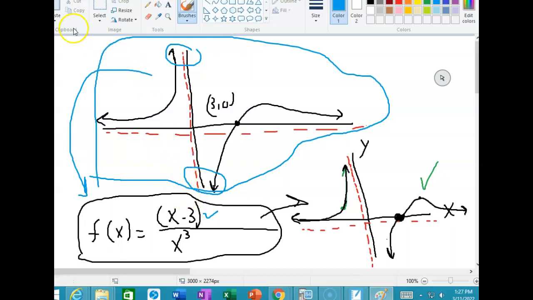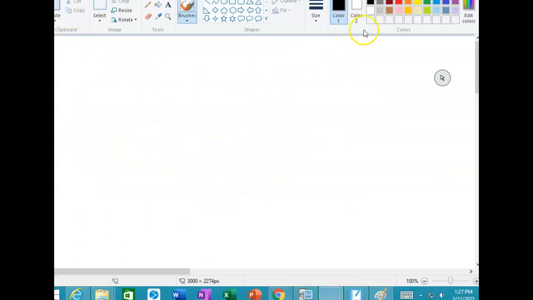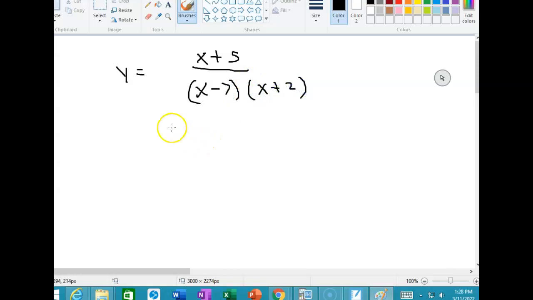Okay, and then what else here? You also want to be able to graph rational functions. I'll give you an example, something like this. Again, how do you graph a rational function?